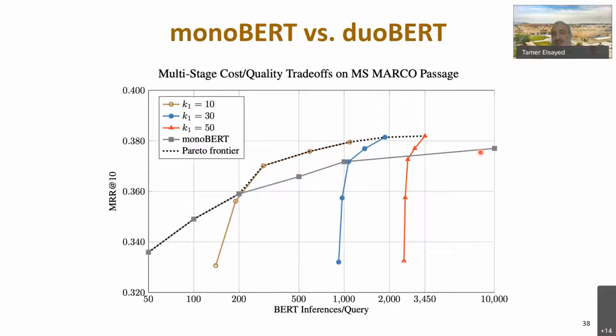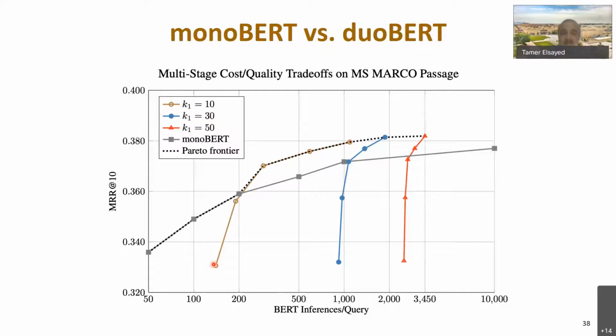Okay, fine. Now let's look at the meaning of the brown one. What is the brown one? The brown one means that we applied mono BERT first and then duo BERT.